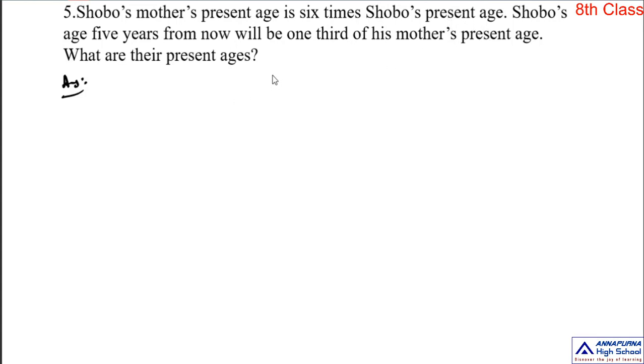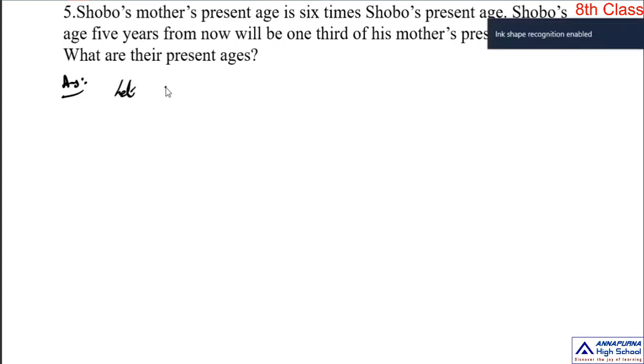That means which age depends on which person's age? Observe the first statement carefully. That means mother's age depends on Shobha's age. So that's why here we take Shobha's present age be x years.